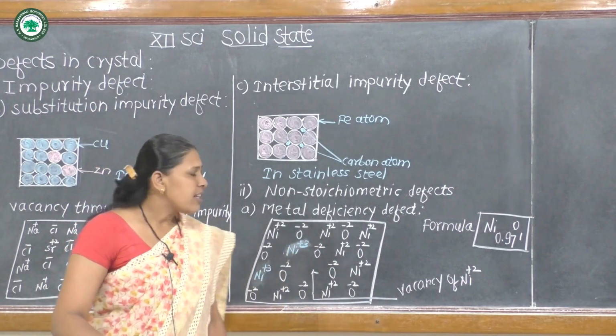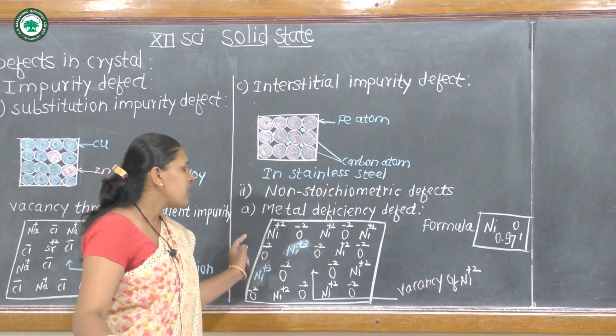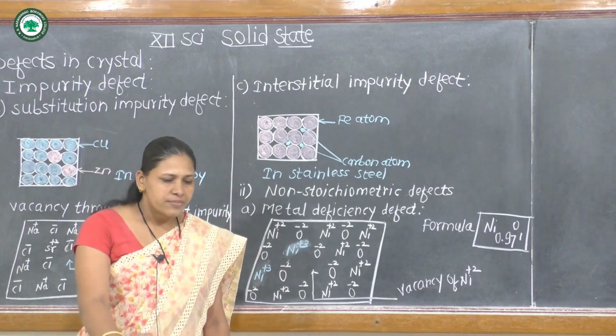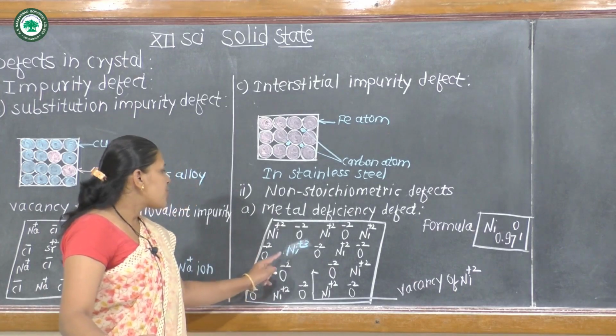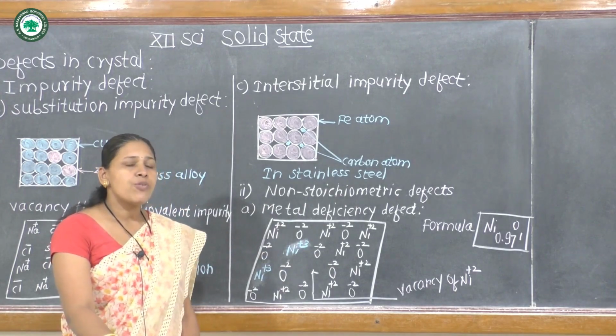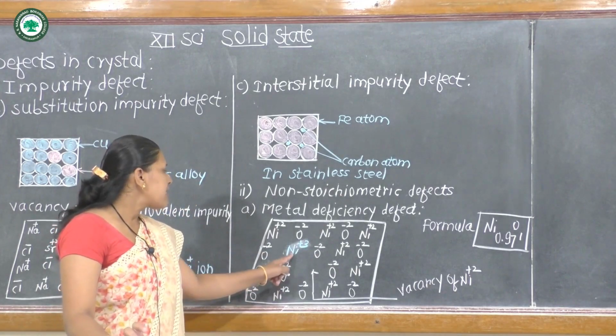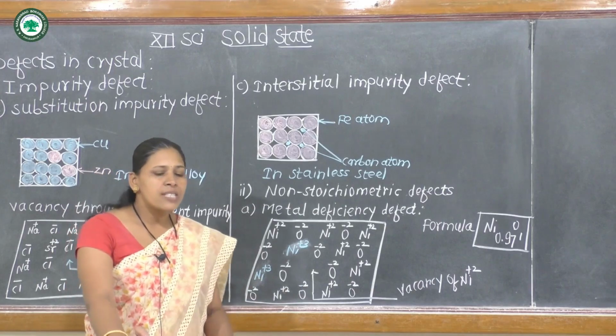That is, in a compound, for example in nickel oxide, Ni+2 ions are replaced by nickel +3 ions.